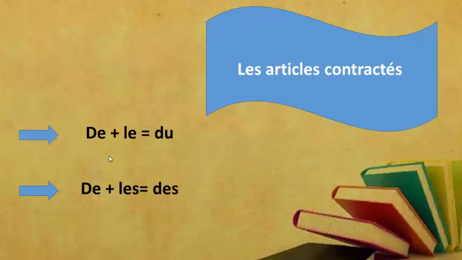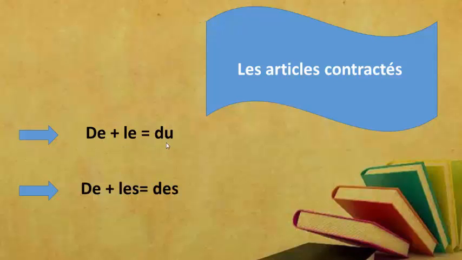De, the preposition de, which means from or about, plus le, I want to say from the, or about the, okay? You're talking about something, you're coming from such a place, okay?